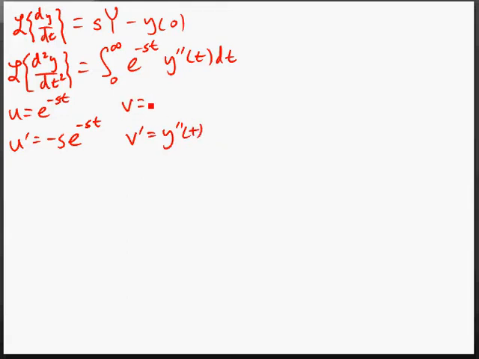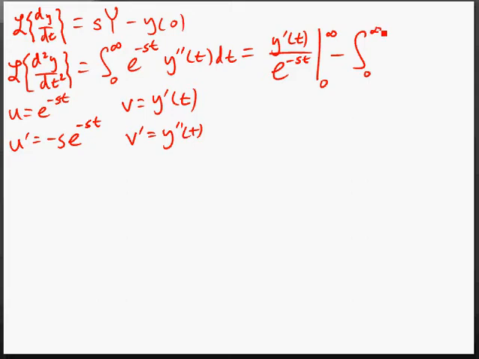We can carry out the same thing and we say this is equal to u times v, which is going to be equal to y prime of t times e to the minus st, and that's going to be evaluated from 0 to infinity, minus integral 0 to infinity. Oh, I missed something here. This integral winds up being u prime times v, so I wind up saying minus s e to the minus st times y prime of t dt.